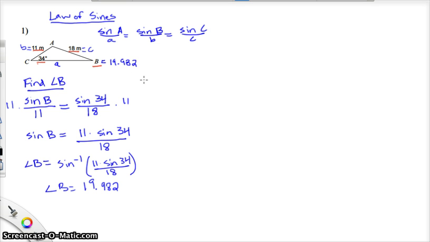And so I can actually just use the fact that there are 180 degrees in a triangle to find my third angle, angle A. I know that angle A will equal 180 degrees minus the size of angle C, which is 34 degrees, minus the size of angle B, which is 19.982.